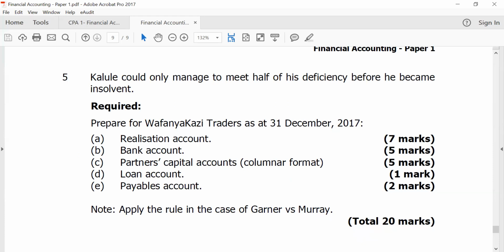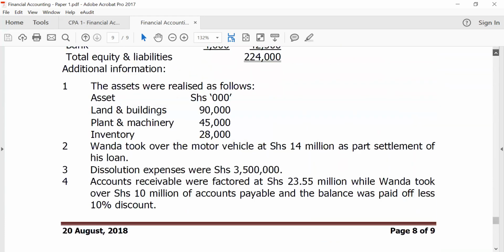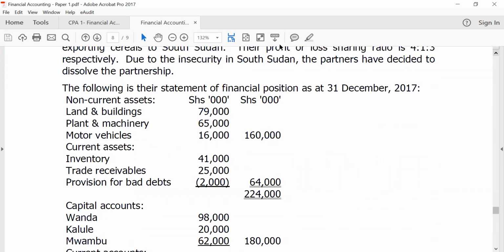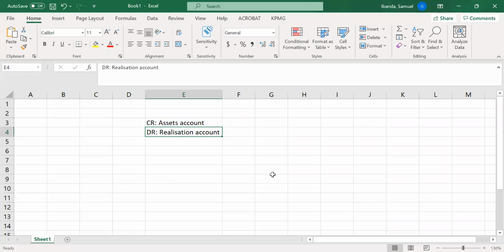So like I said, our goal is to transfer these assets as we have them: land and building, plant and machinery, motor vehicle, and so on. That is the first thing that we hope to do when it comes to this.